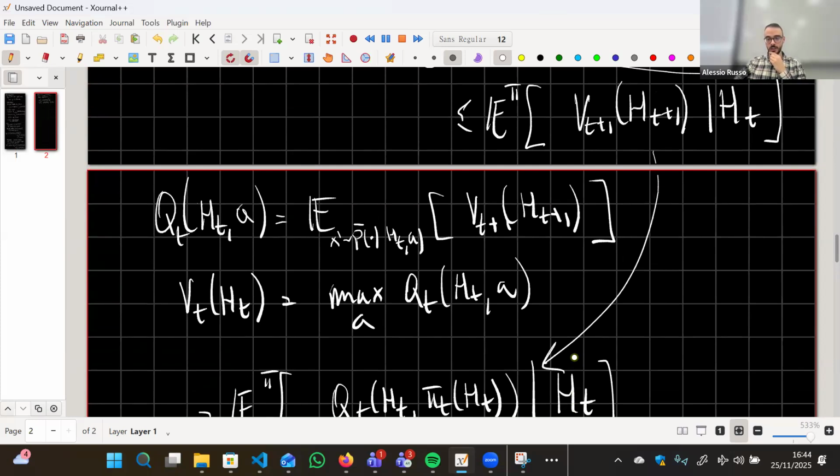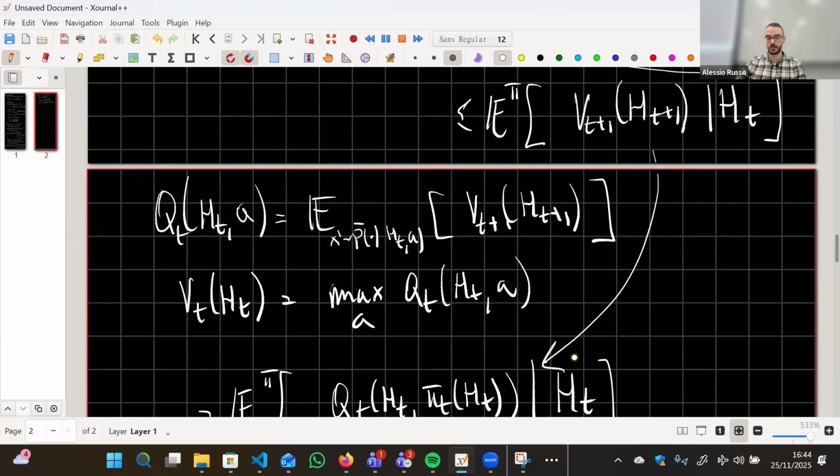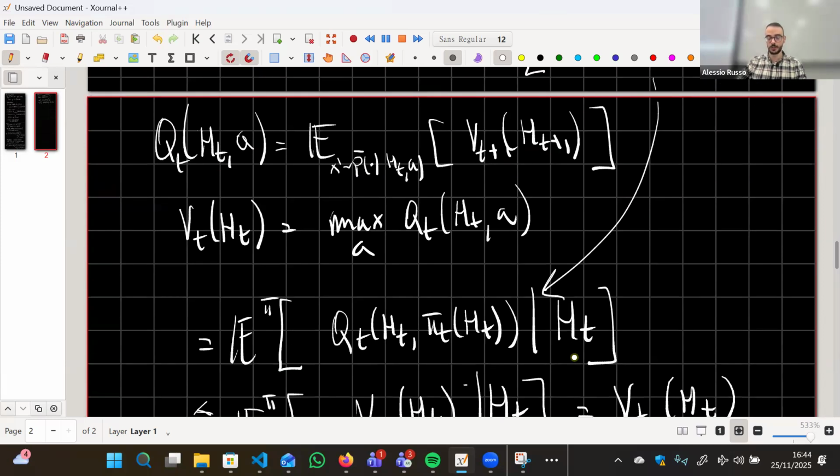The difference between h t plus 1 and h t is that there is an action to be chosen and there is a next observation. But the action is chosen according to pi t, and we assume pi t to be deterministic for simplicity. So this is the action chosen by pi t at time t. And then this expectation doesn't really depend on pi anymore. It's the expectation over x prime, so this quantity here, basically.